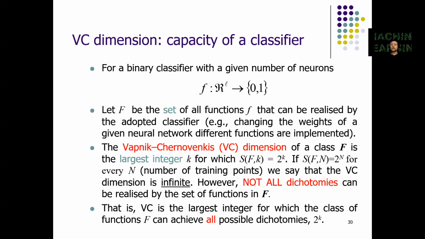This is because we are talking about a binary classifier, and you remember that when we do binary classification, I had some examples in my first lecture, neural networks, like the perceptron model. Basically, what the perceptron does is that it divides the space into two classes with one line. So it's a kind of binary classification.